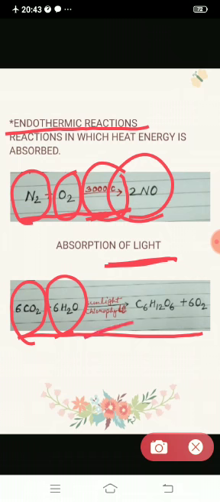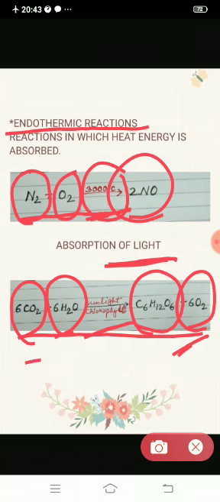In the presence of sunlight means there is an absorption of light, which gives carbohydrate, and oxygen gas is released. So this chemical reaction takes place with the absorption of sunlight.